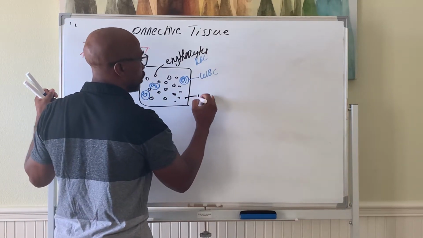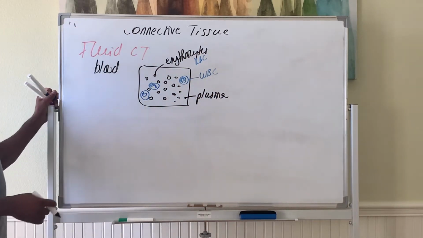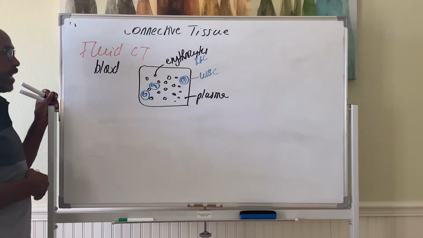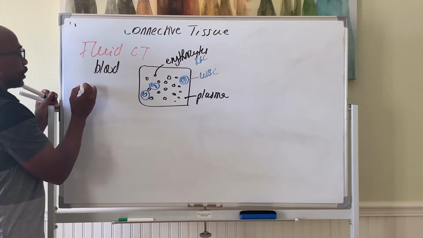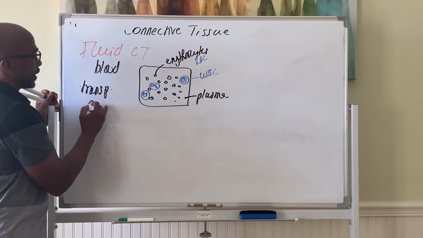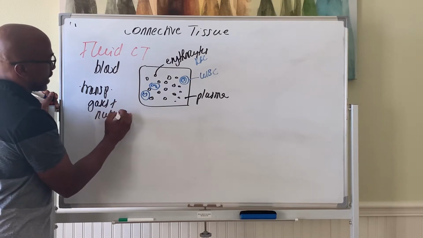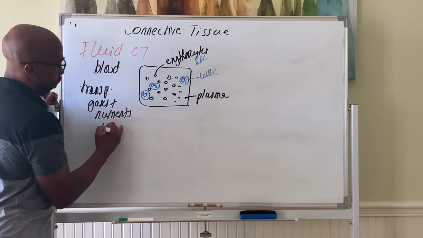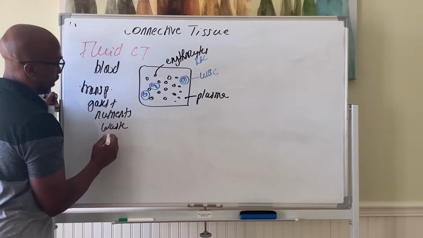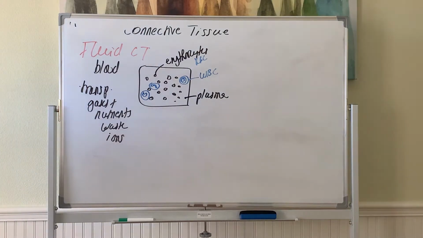So this is basically your ground substance, the plasma. Okay? And that's it for fluid CT. And here, the role of blood is to transport gases and nutrients, waste, ions through the body. Okay.